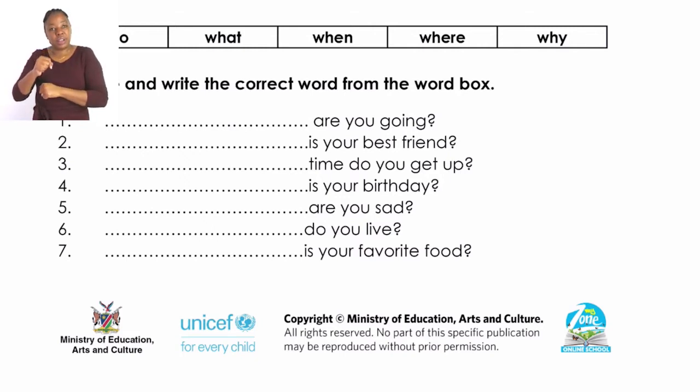So our answer is why. The rest of these you can do by yourselves. And remember, if you get stuck, go back to the table and check whether you use who, where, why, what, how, or when. Enjoy yourselves.